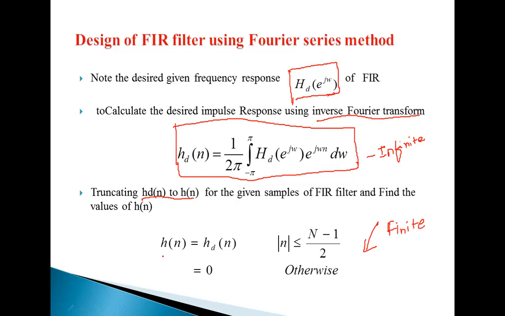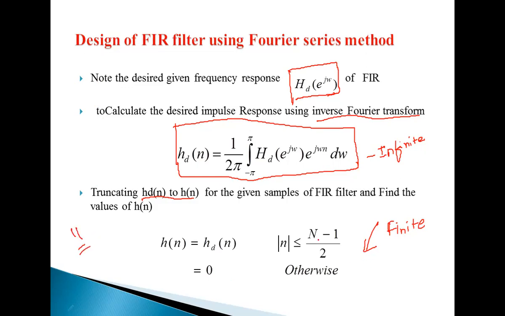So we are performing this as h of n equals hd of n for the magnitude of n less than or equal to n minus 1 by 2. Here this n stands for the order of the filter, or the length of the filter, we can say. So suppose we have n equals 11.